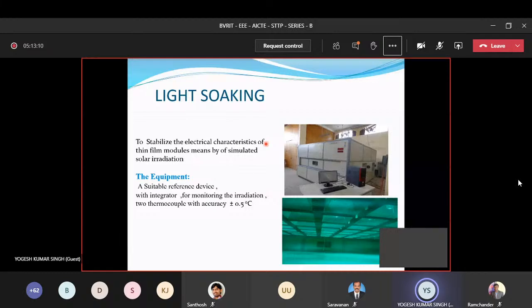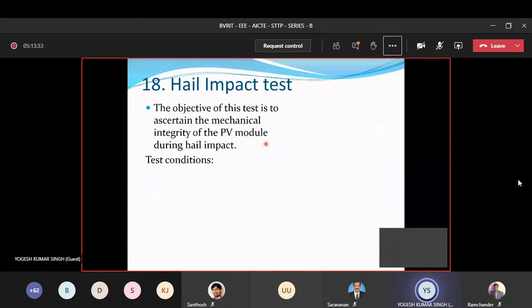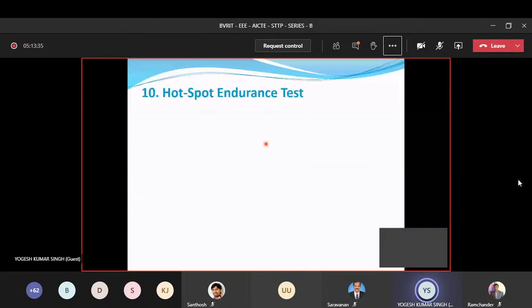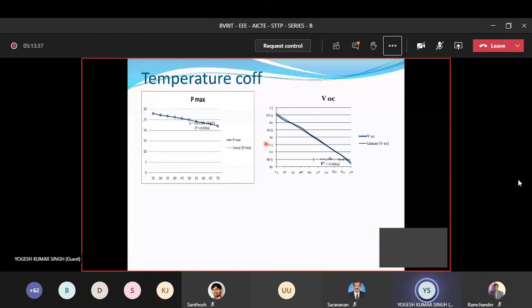Now, whenever you install a solar power plant, in this slide we will see the efficiency parameter. I will go to the back side. You will find that your module efficiency is very low in that condition. So how can you say the module works well if the efficiency is 10%, 12%, or so?